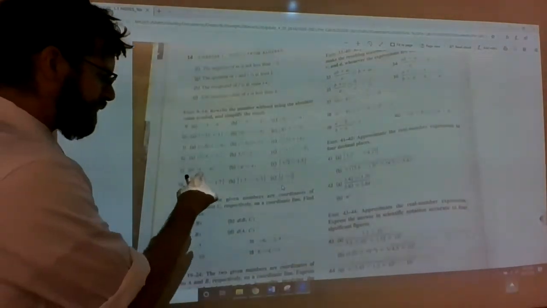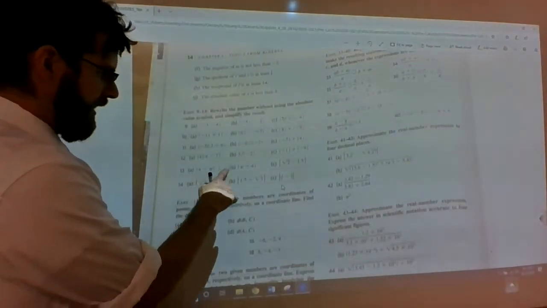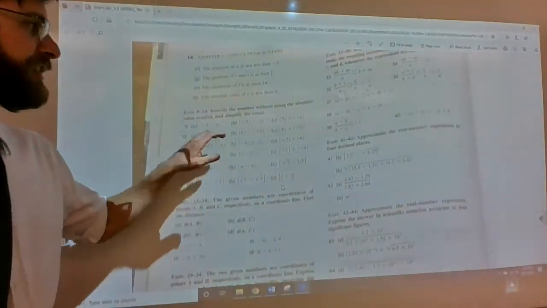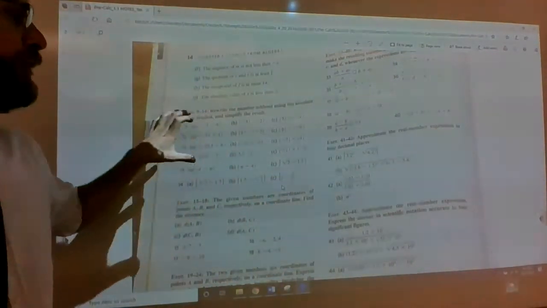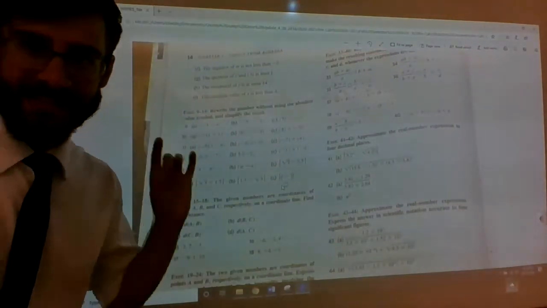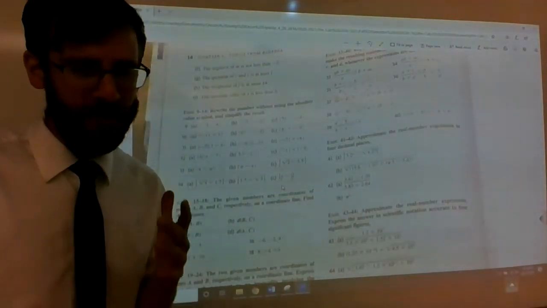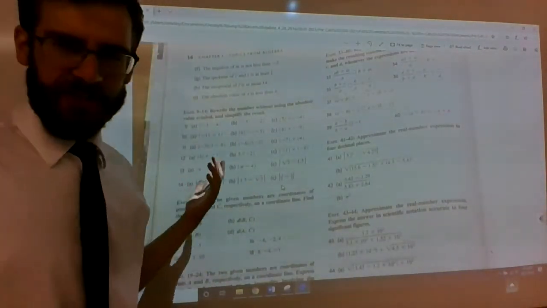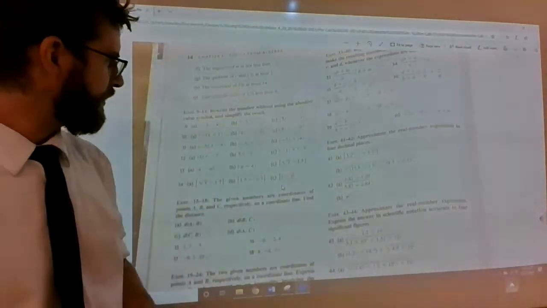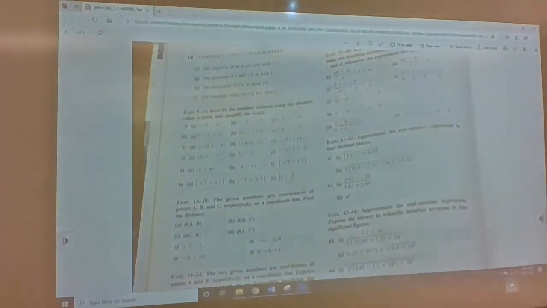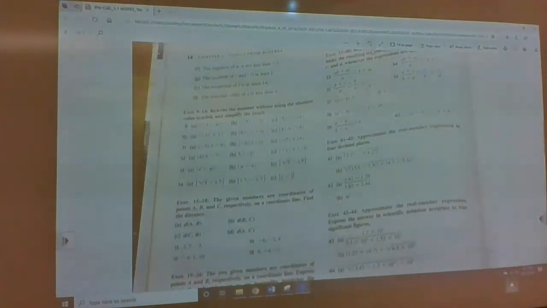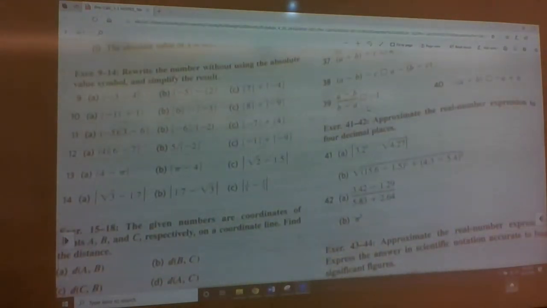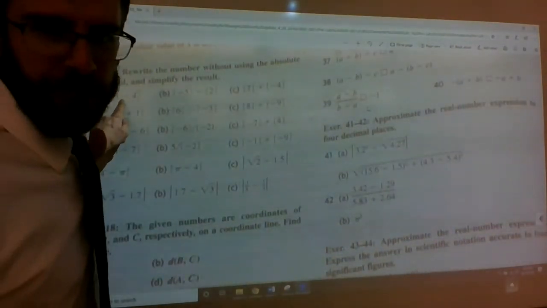All right, we have 4 minus pi, pi minus 4, and root 2 minus 1.5. They're telling us to rewrite the number without using the absolute value symbol. What do they mean by that? Well, if it's just a simple computation, like number 9 above here, you've got negative 3 minus 4.